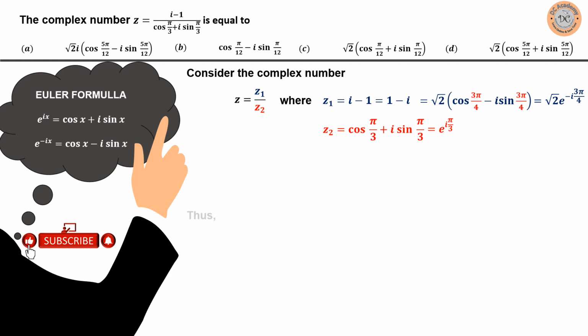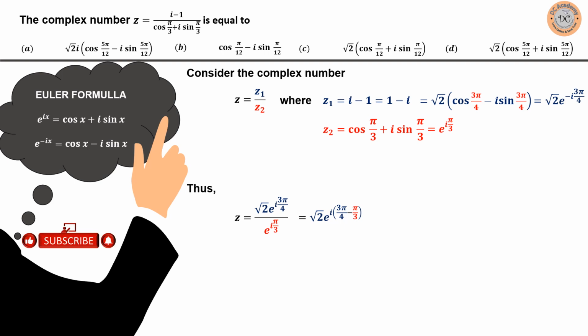So using that, the complex number z can be written as root 2 e to the power i 3 pi by 4 divided by e to the power i pi by 3. Now this is a concept of indices. So the final answer will be root 2 e to the power i times 3 pi by 4 minus pi by 3. Now we can easily subtract by the LCM method or basic arithmetic.